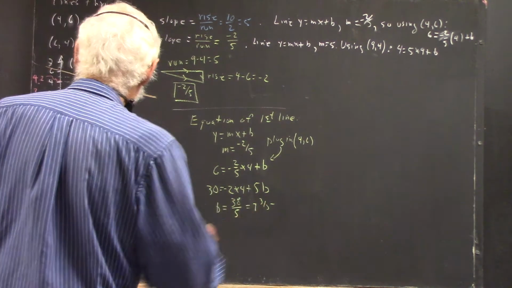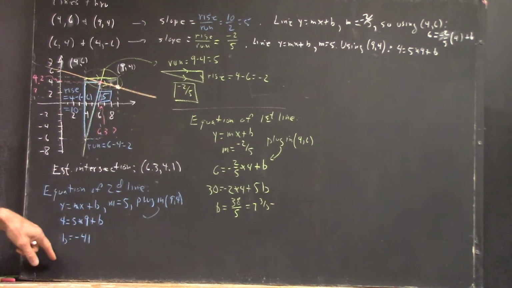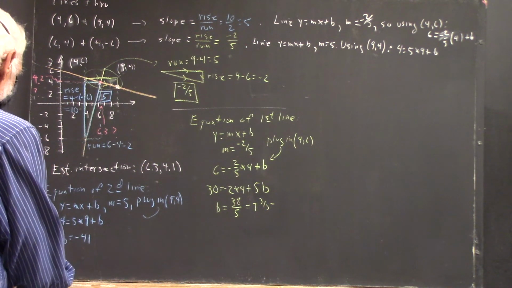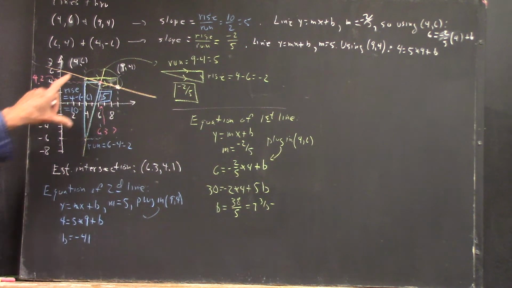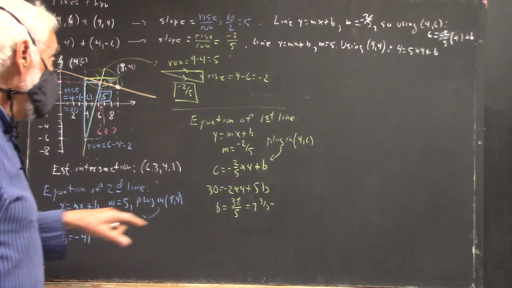So that's reasonable, and this is reasonable, because this is a pretty steep line. It's not going to hit the y-axis for quite a while. Negative 41. Well, it looks like it's going to be less than that. It looks like it's going to be maybe negative 20 because the graph isn't perfect. Okay? But let's see if it works.